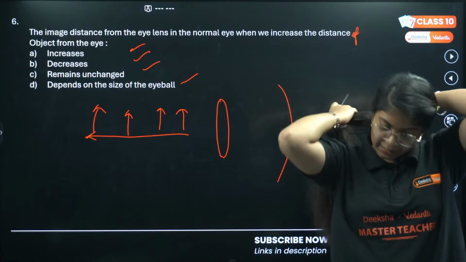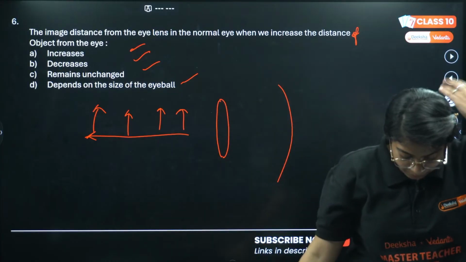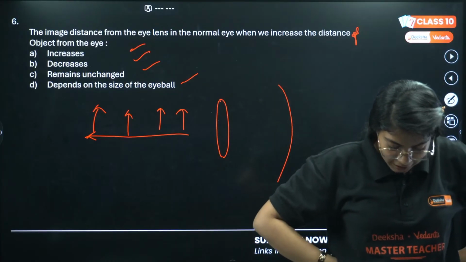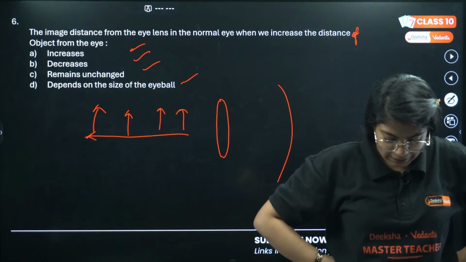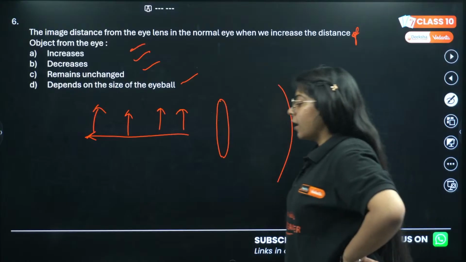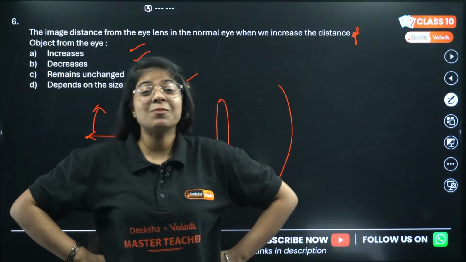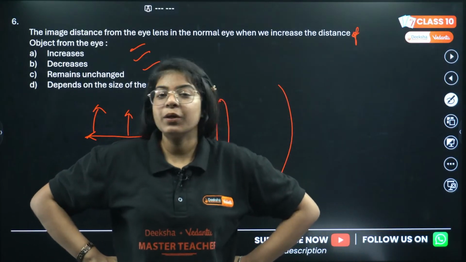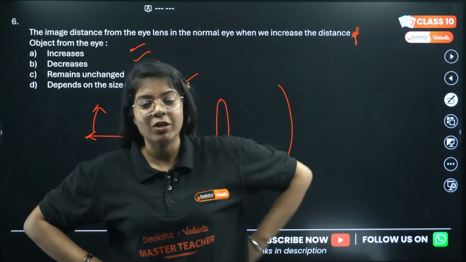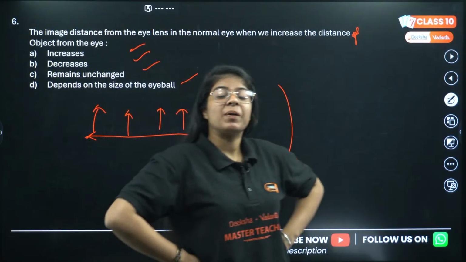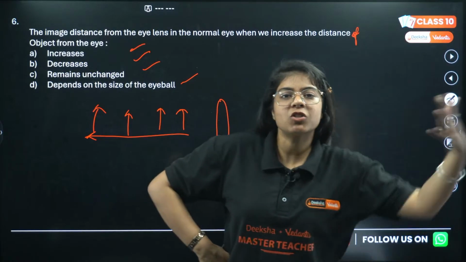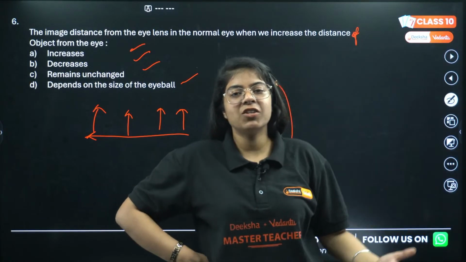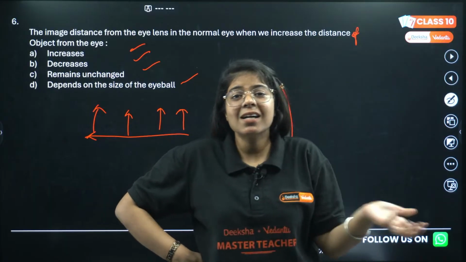We are getting answer as C. Yes. The image is being formed at the retina. This is a PYQ question. No matter how much I change the distance of my object, it doesn't matter.